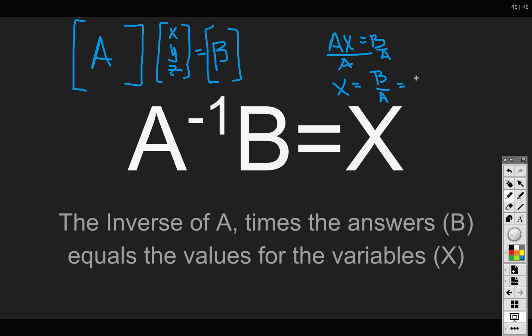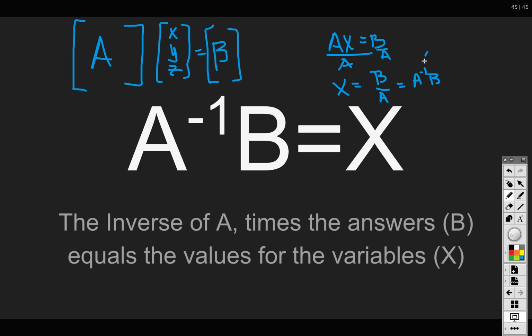So this can also be rewritten as A to the -1 times B. These are all equivalent statements.